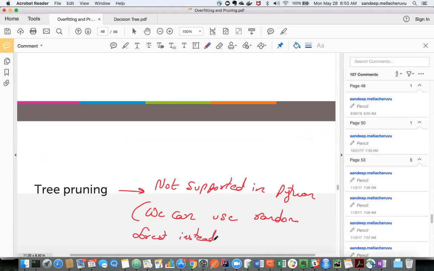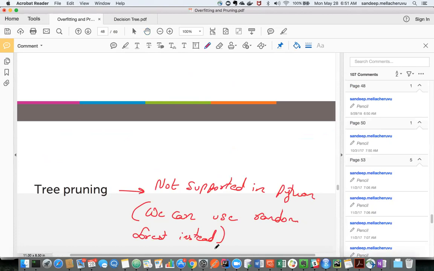Random forest is a much better technique than tree pruning. That's why pruning is no more supported in Python. In fact, it has not been supported since its inception, because they already had a better alternative, which is random forest. We'll get into random forest.